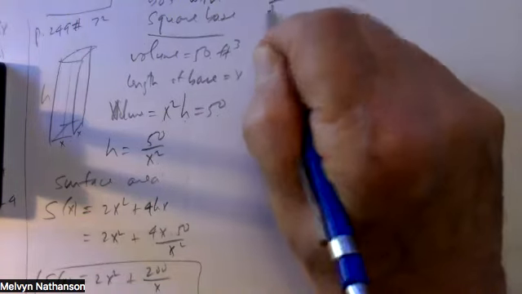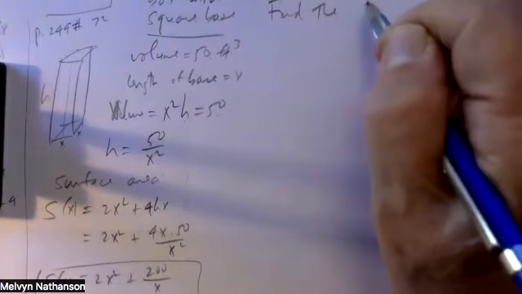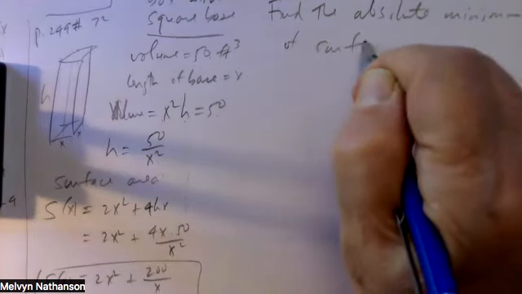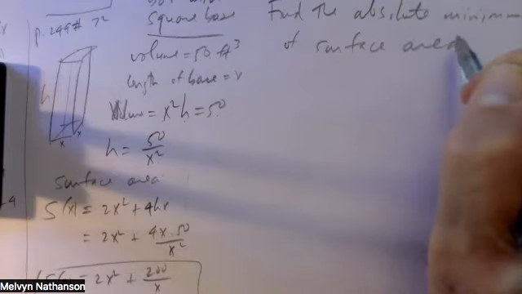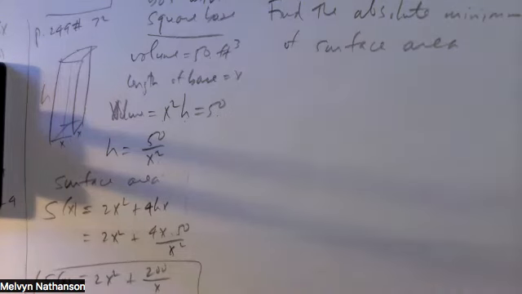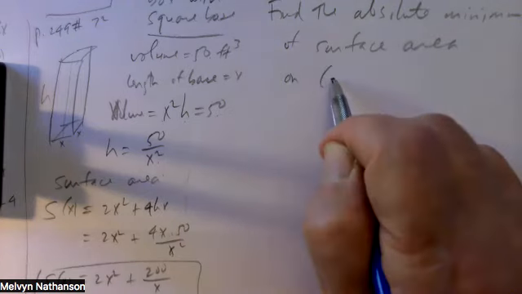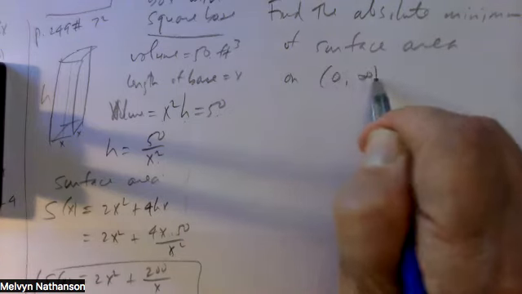And of all such boxes, we have the following extremal problem. Find the minimal surface area, the absolute minimum of the surface area on the interval x goes from 0 to infinity.